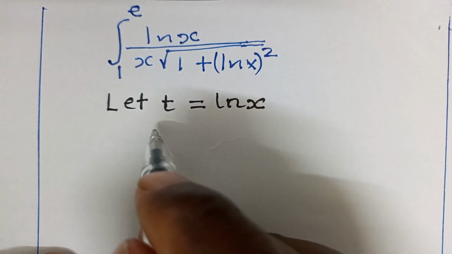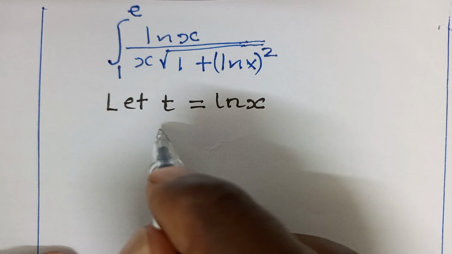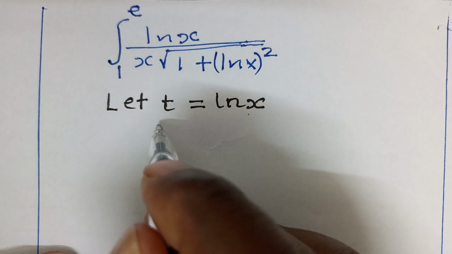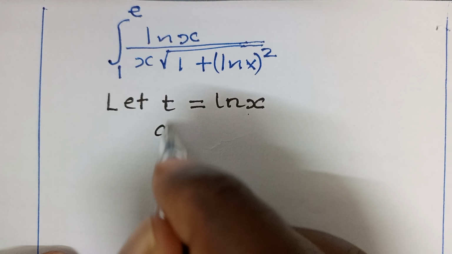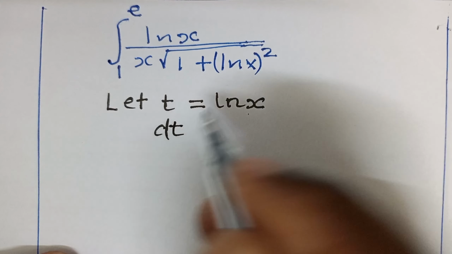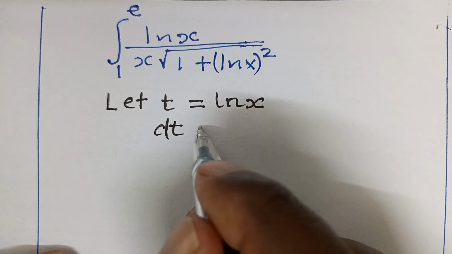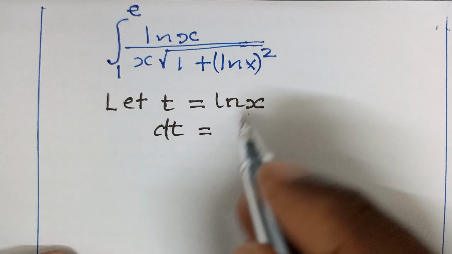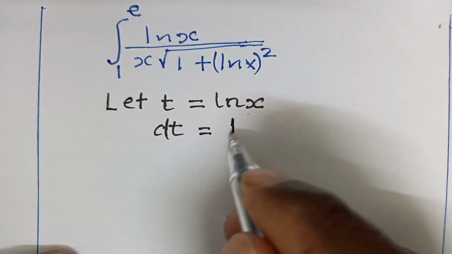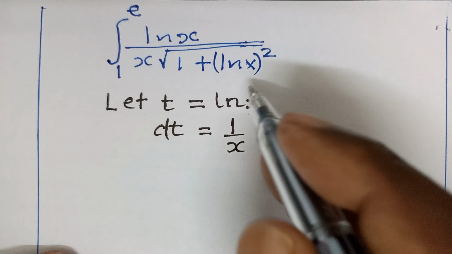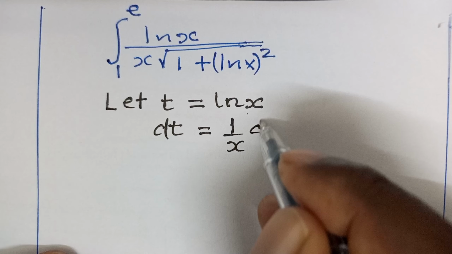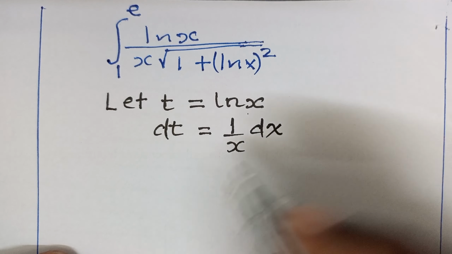So that guys, we are going to differentiate t with respect to x. This is now going to be dt over dx. Guys, we can write dx this side. Differentiate ln x, you get 1 over x. And then here we can put the dx that was here.